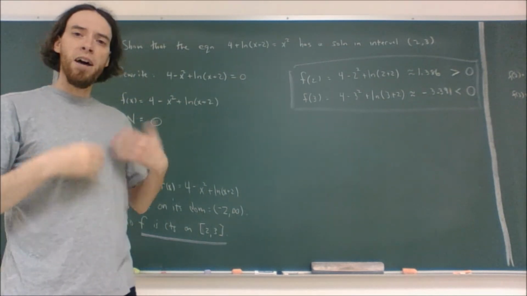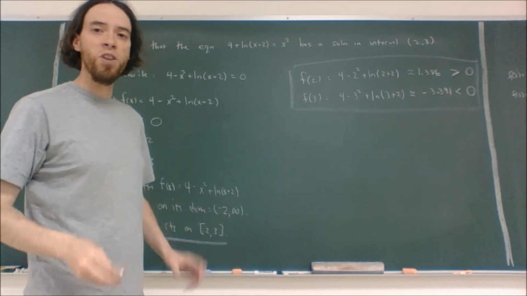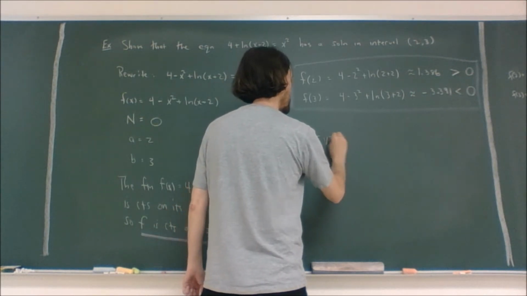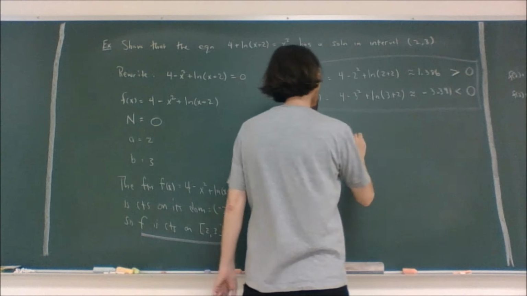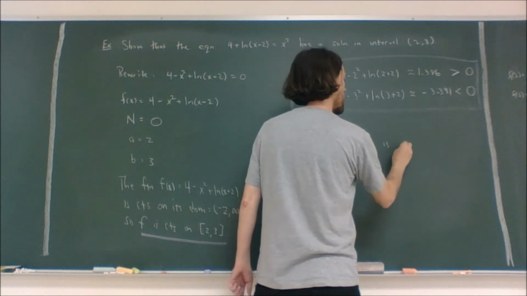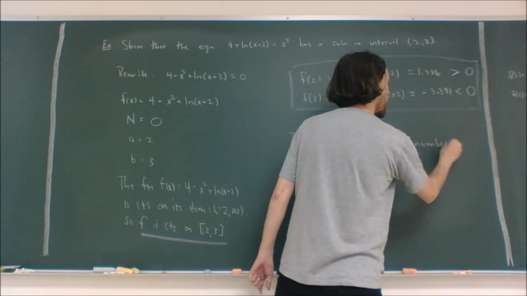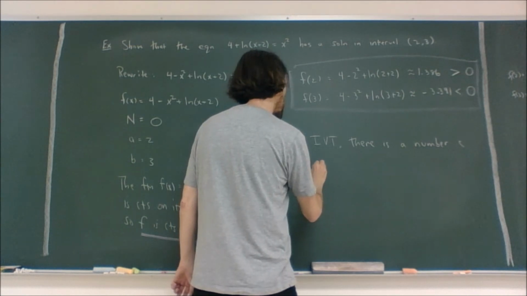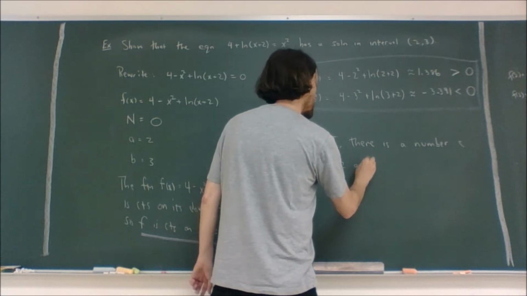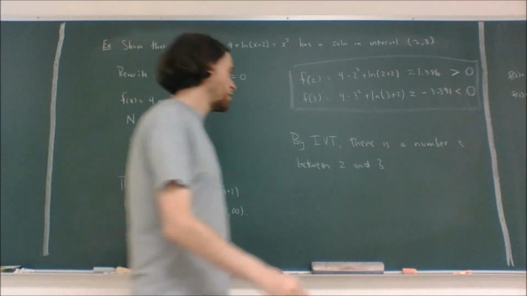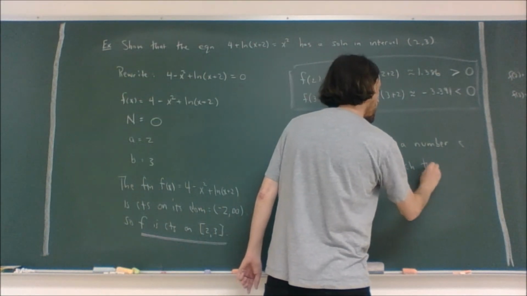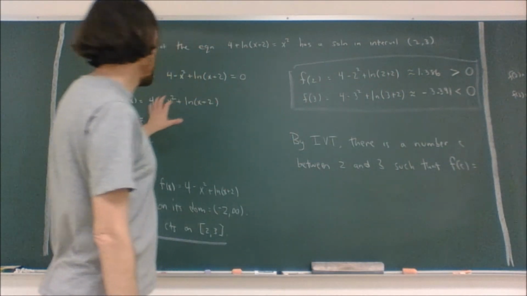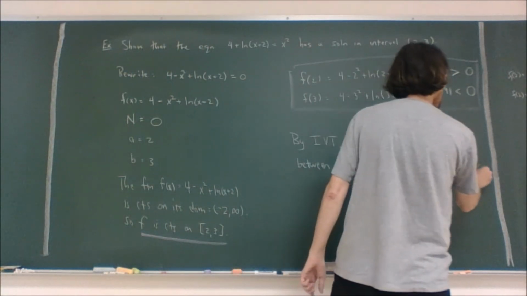Okay, so now, since we've checked the two conditions, we're going to say that we're using the IVT. Very importantly, I'll be looking for that when I'm grading. You'll say something like, by IVT, there is a number c between a and b, so for us that's between 2 and 3, such that f of c is equal to N, and so for us N is 0, such that f of c is equal to 0.